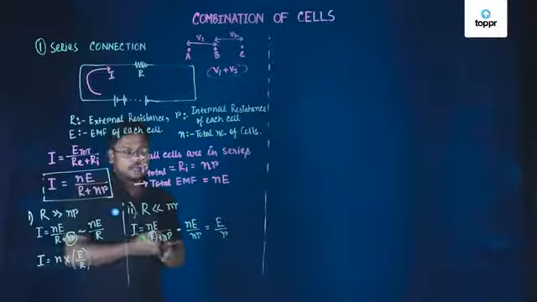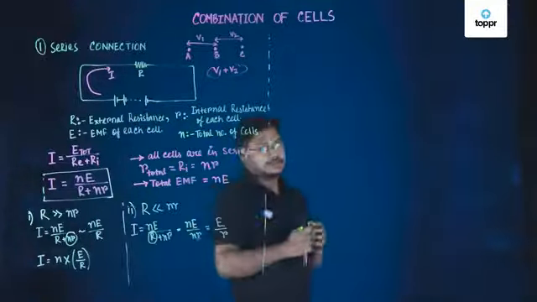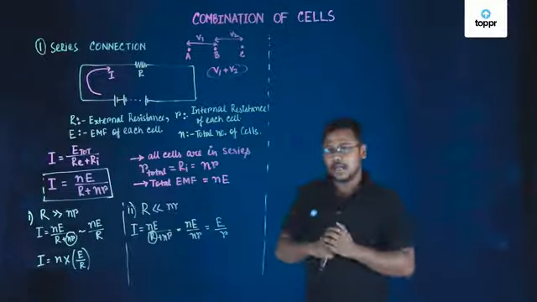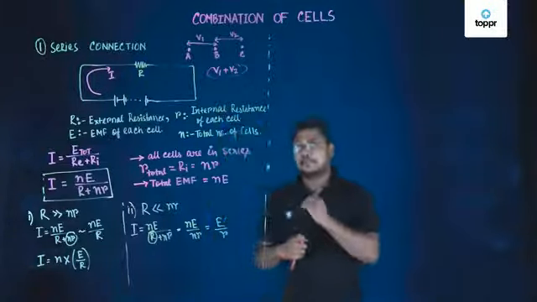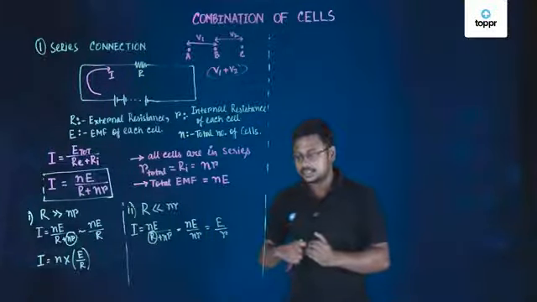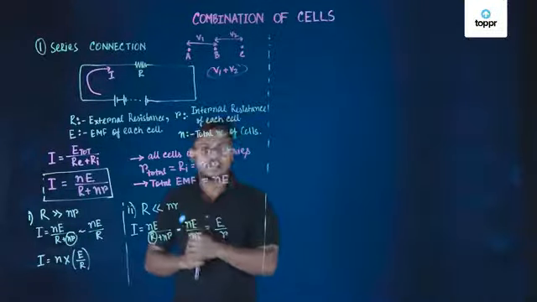Alright. Now what is E by R? If there is only one cell connected to the circuit having internal resistance very high compared to the external resistance, then this is the value of current that will be flowing through the circuit.